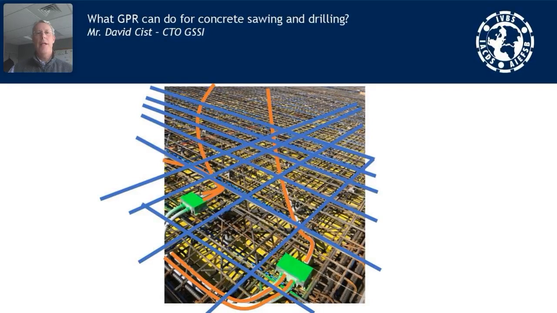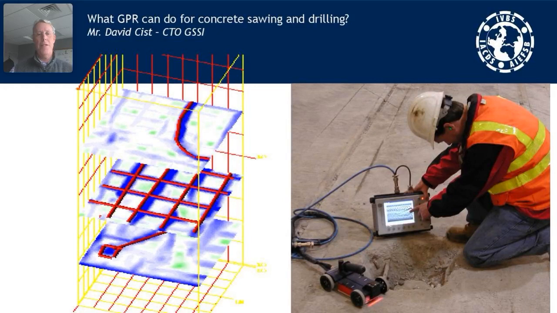So in any case, what would be very helpful is to be able to know what you're about to hit before you go in. It could save somebody's life in the worst case, or it could just be very expensive in a different case. And that's what GPR does. For example, here, we use a radar and we can see junction boxes below the rebar mesh and radiant floor heating above it.